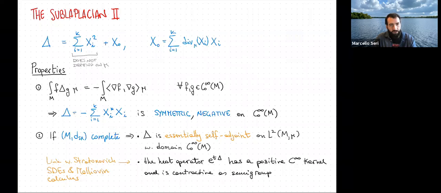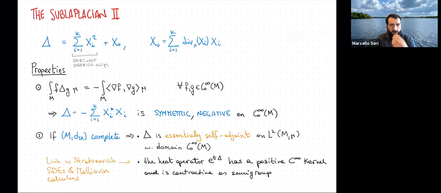So when you have a complete metric space, the sub-Laplacian is essentially self-adjoint in L2, and its domain, the space you start with that you have to complete, is C0 infinity of M. And the heat operator, so the evolution of this flow, has a positive C infinity kernel and is a contractive semigroup.